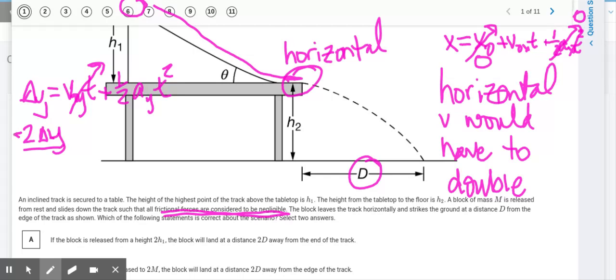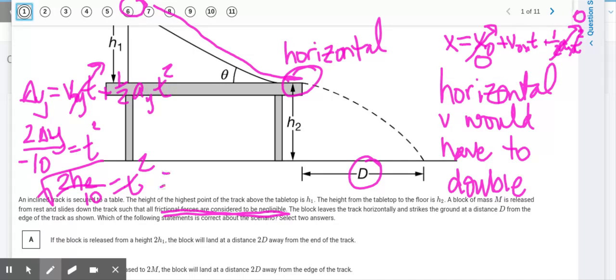Our change in y is going to be -h2, so we'll have 2h2 over 10 equals t squared. t equals the square root of 2h2 over 10, or the square root of h2 over 5, right?